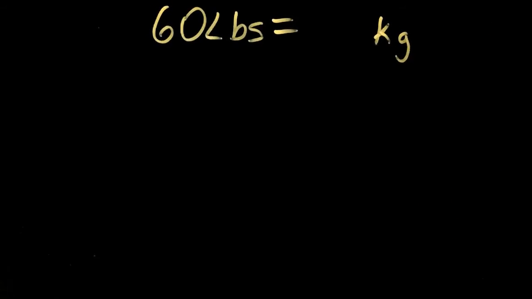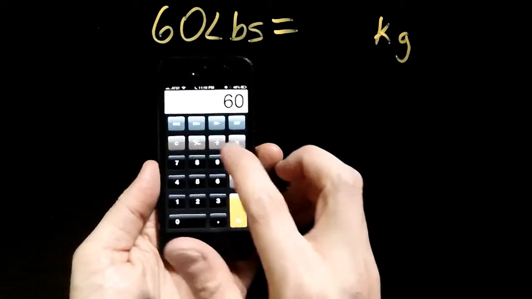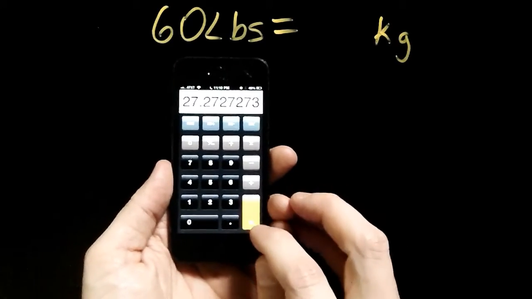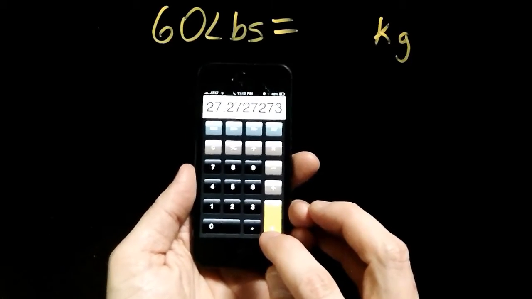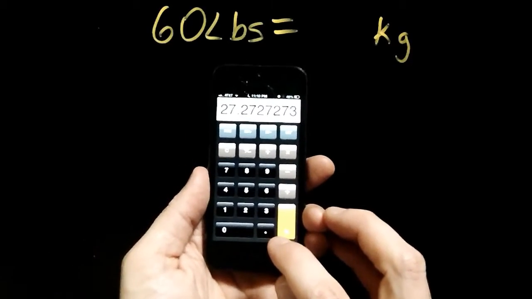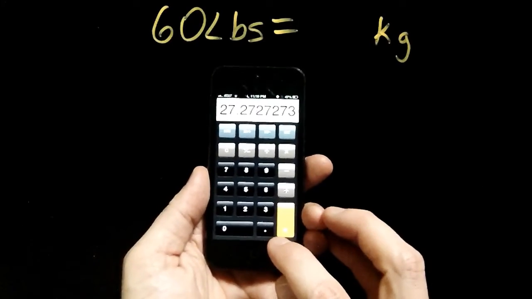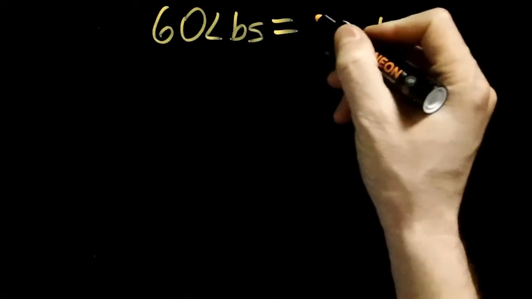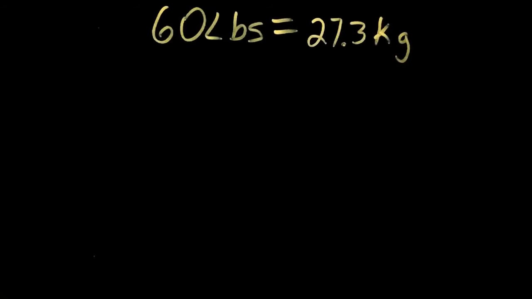So I'll just use my calculator here, which you will have on the test as well, and you're going to change it: 60 pounds divided by 2.2. Always 2.2, and that'll get us 27.27 kilograms. I'm going to round this to the first significant digit, which is the tenths place, so it'll be 27.3. So I'll put here 27.3 kilograms.